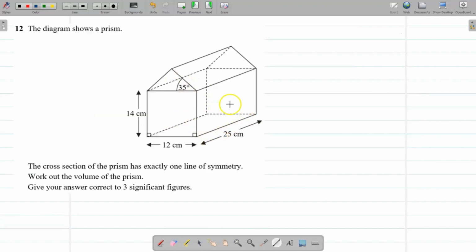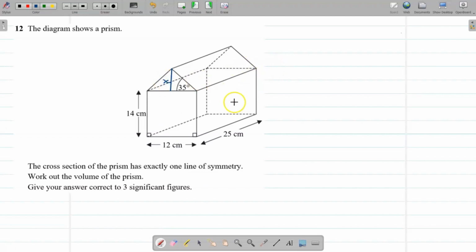We've got to calculate the volume of this prism, and this prism is made of a rectangle with a triangular roof, if you like, and I'm just going to find out the height of that roof section. So I'm going to call that length there x.